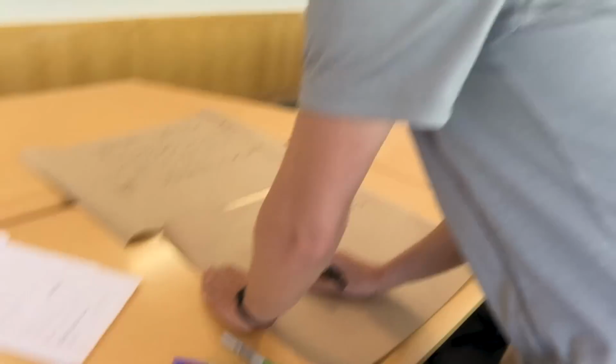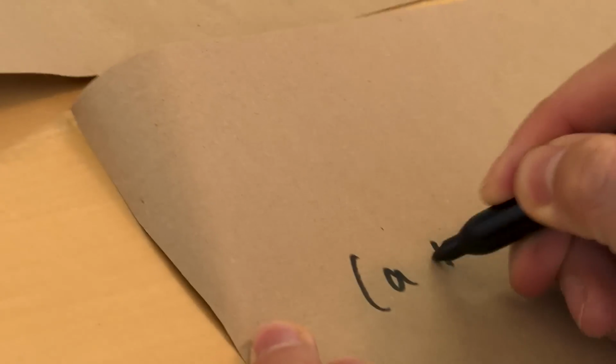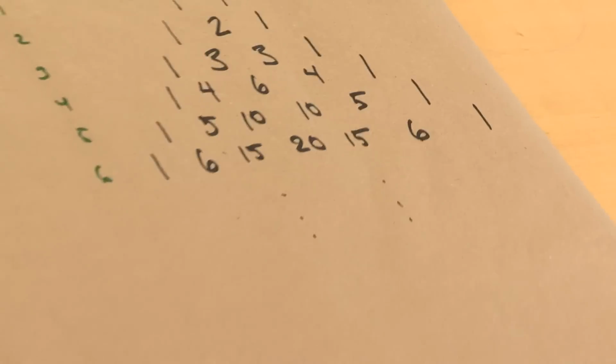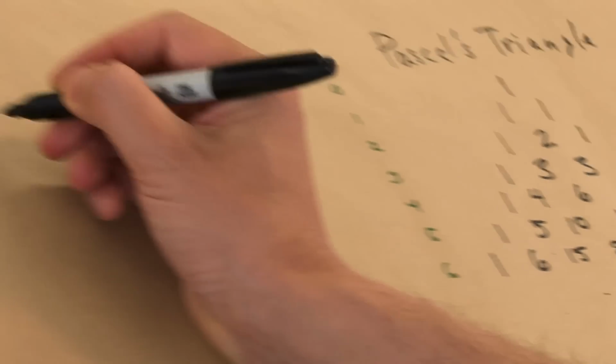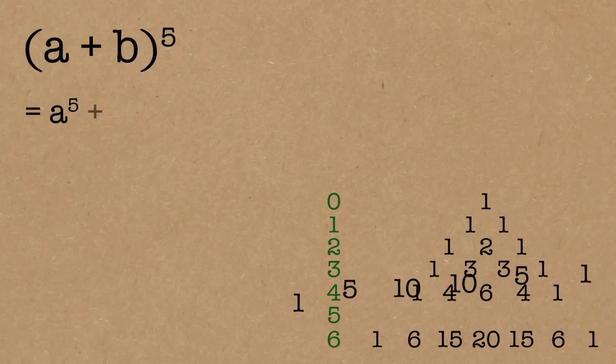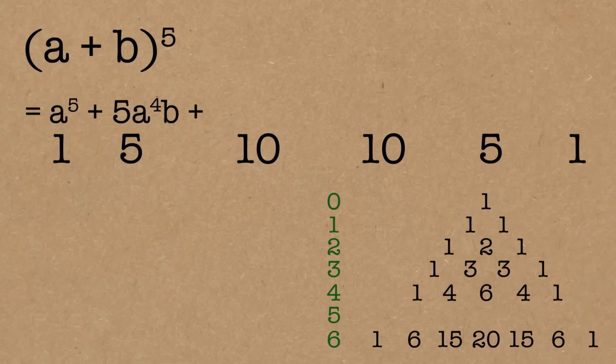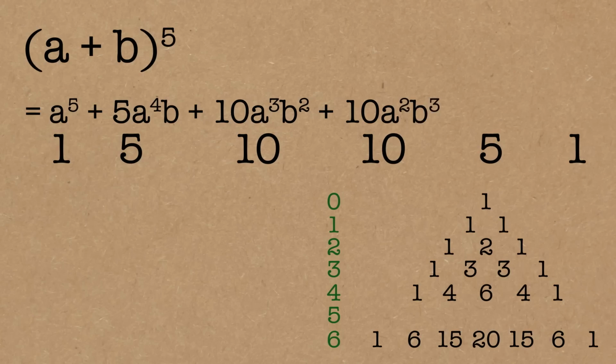So for instance, if I wanted to do something like a plus b to the 5th, very quickly, I just go over to my triangle over here, and it tells me I'm going to get a to the 5th, plus 5 a to the 4th times b, plus 10 times a cubed b squared, plus 10 again, times a squared b cubed, plus 5 a b to the 4th, plus b to the 5th showing up.